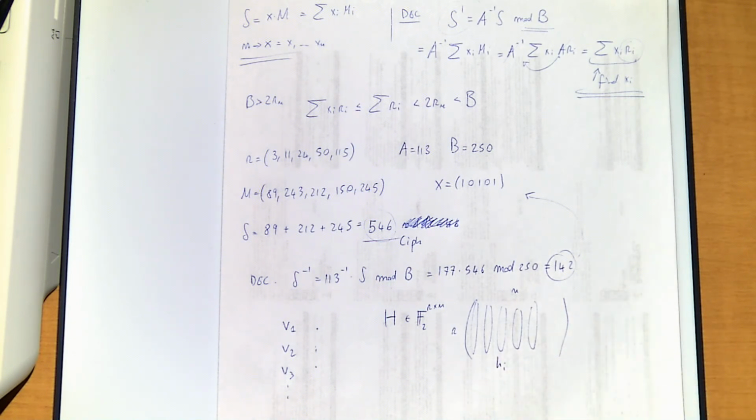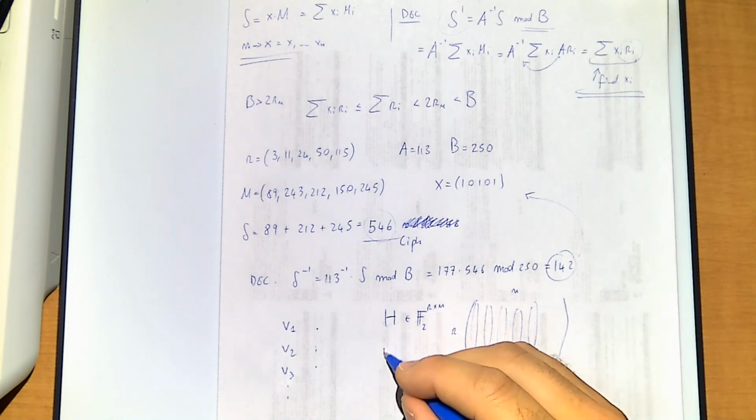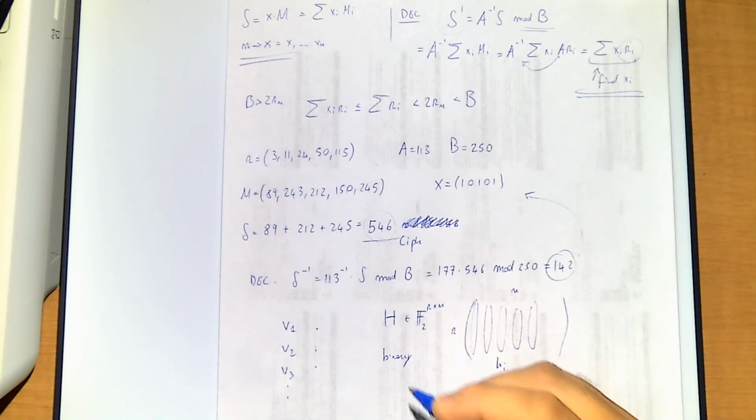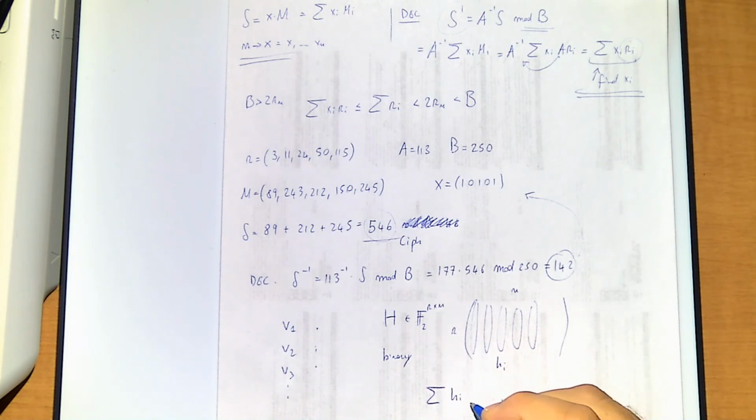Yes? Okay, then any combination of these columns will give me a different vector, right? So what if I take a binary combination of this, like a sum of the Hi times, I'm going to call it Ei, to give you a hint. And this goes from 1 to n.